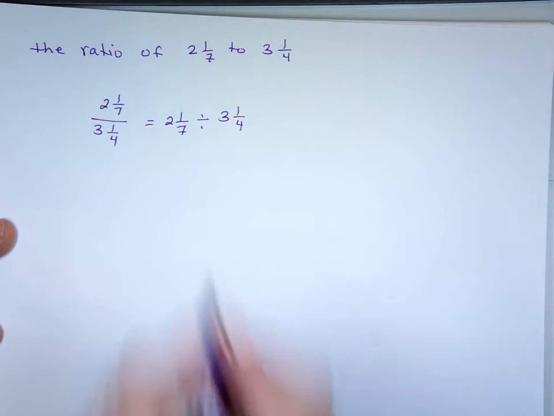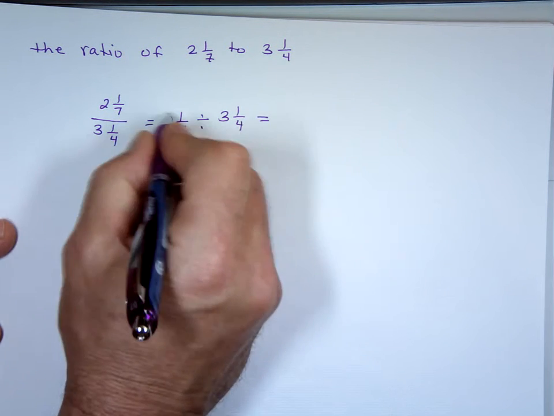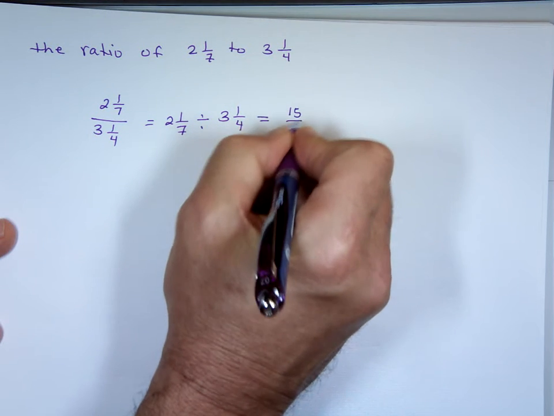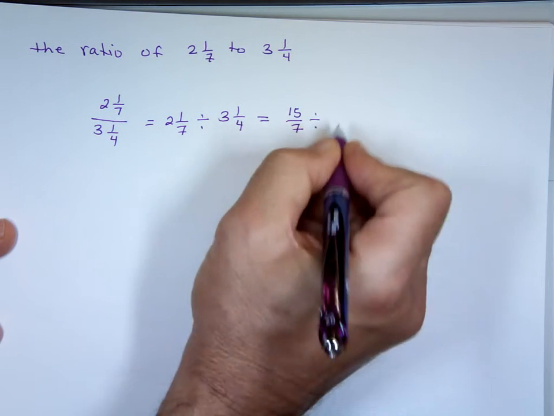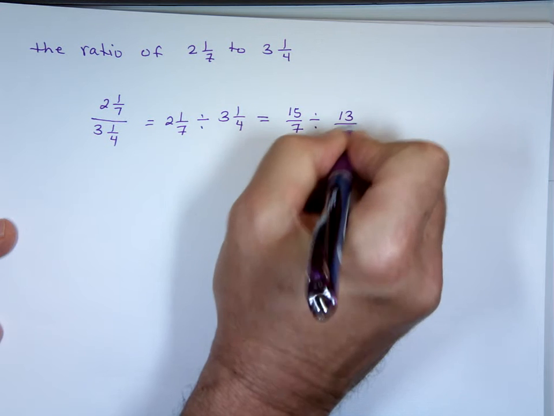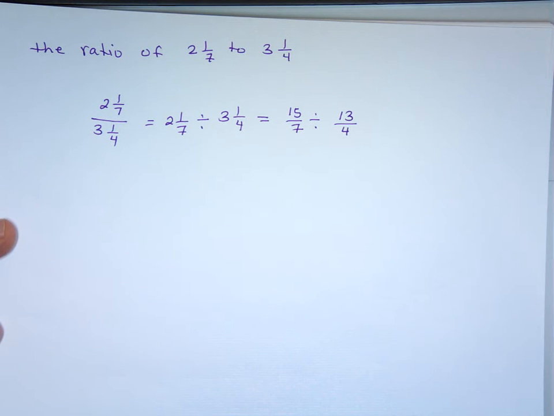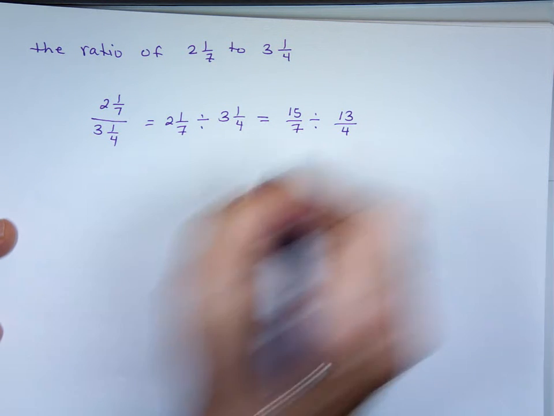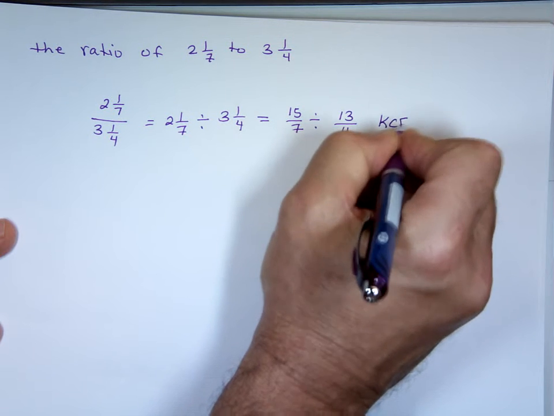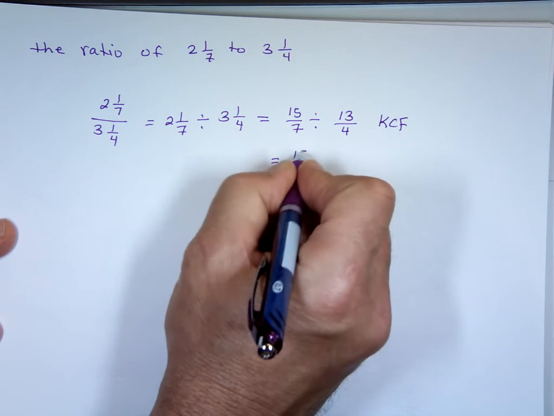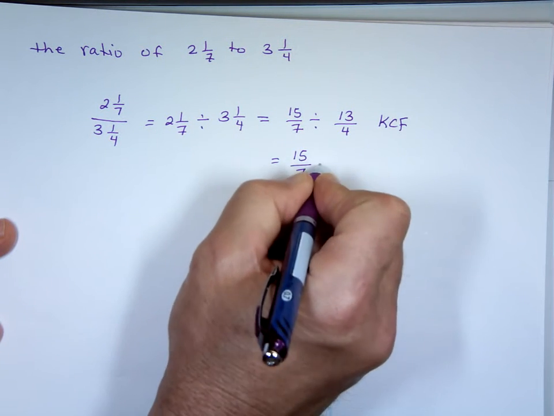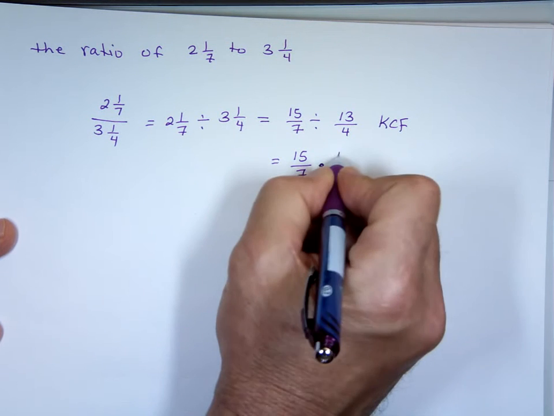How do we do the math? Change it to 15 over 7 divided by what? 13 over 4. KCF. Keep the first one, change the division to multiplication, flip the second one.